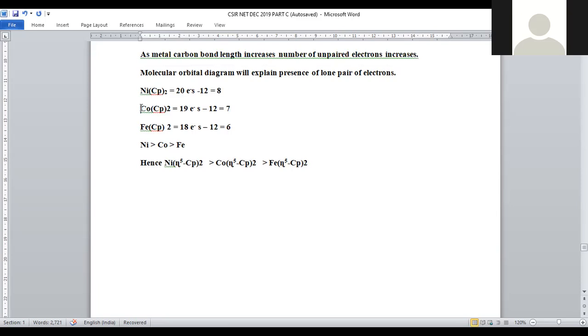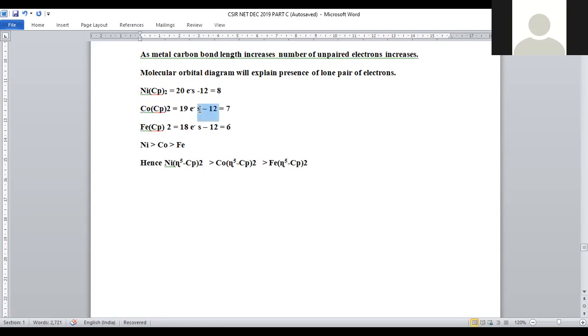When we consider the second complex, cobalt Cp2, cobalt is an ns2 (n-1)d7 system, which means 7 electrons reside in the d orbital and 2 electrons are present in the s orbital. 7 plus 2, a total of 9 electrons, are contributed by cobalt, whereas Cp is contributing 10 electrons. 10 plus 9, 19 electrons, is the total valency electron count of this cobalt complex.